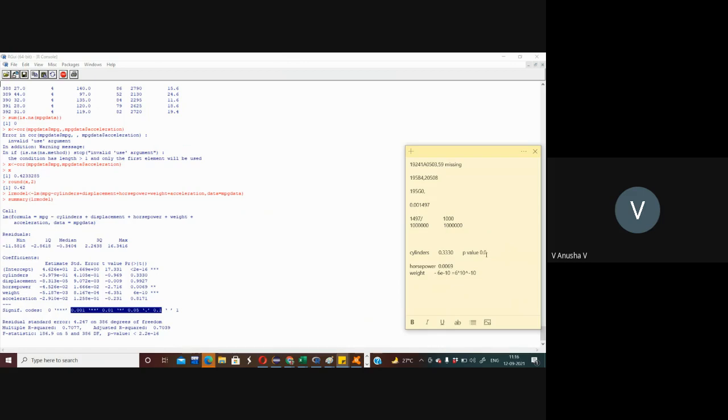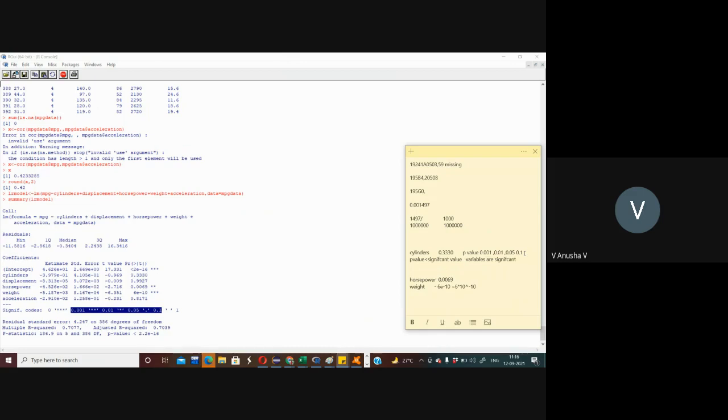The significant levels are 0.001, 0.01, 0.05, and 0.1. Whenever you get a p-value less than the significant value, I can say that the variables are significant.